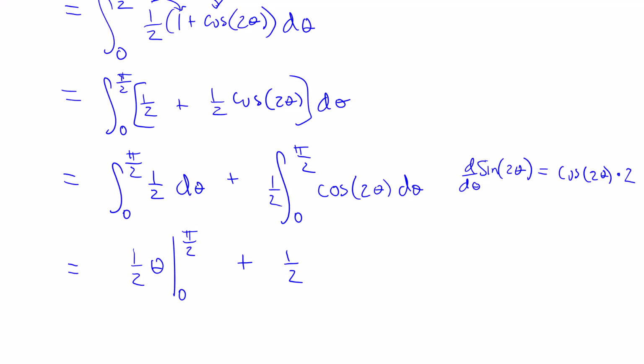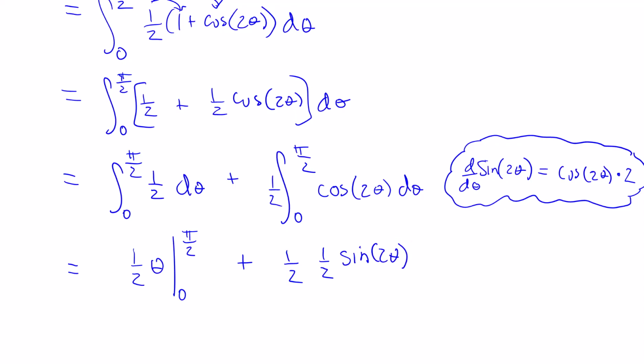So we have to account for this extra constant that would happen using, this is just kind of our thoughts off to the side here, using derivative chain rule, which means the antiderivative of cosine of 2 theta would be 1/2 sine 2 theta.